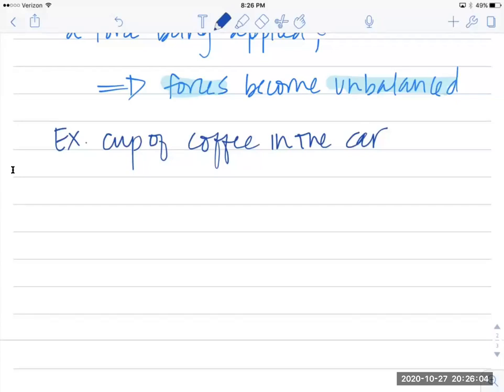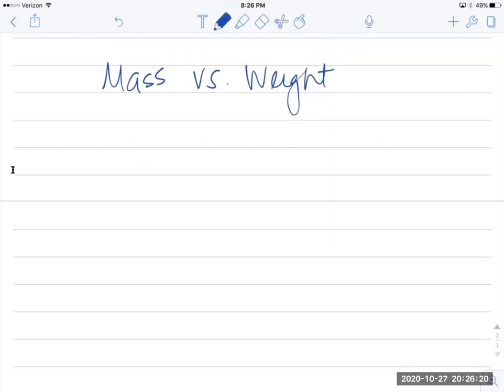A point I'd like to make here is how mass is tied into all this. This is the final point of Newton's first law. There are no equations to learn for Newton's first law, just the two principles.